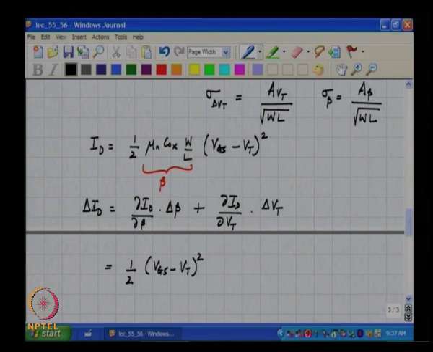all right, times delta beta plus dou Id by dou Vt, which by definition is the same as minus Gm, correct. And Gm is nothing but 2 Id by VGS minus Vt, times delta Vt.